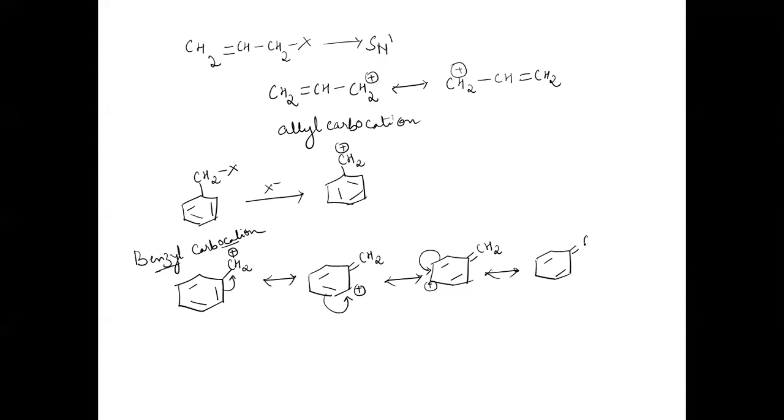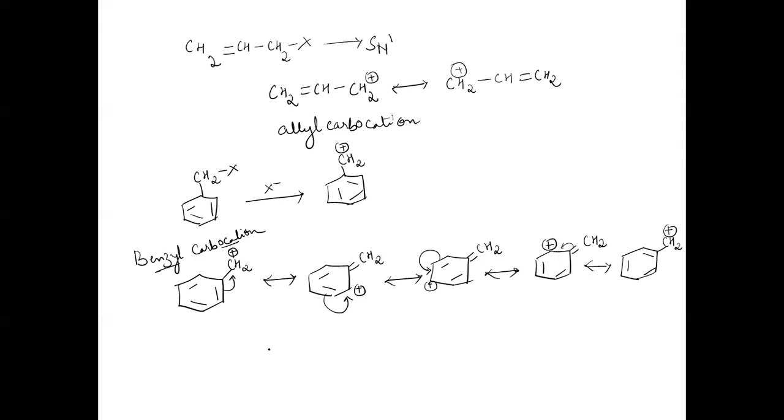As a result, we can say that in this allyl carbocation, two resonance structures are possible, and the benzyl carbocation is stabilized by so many resonance structures.